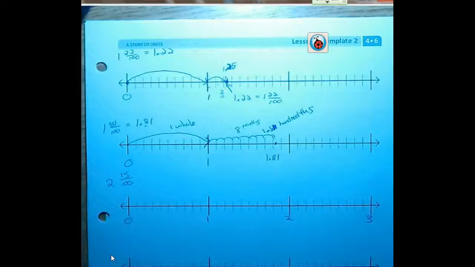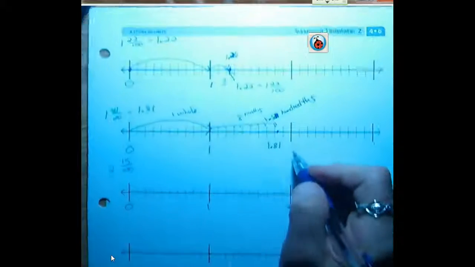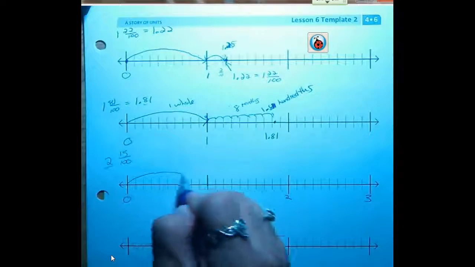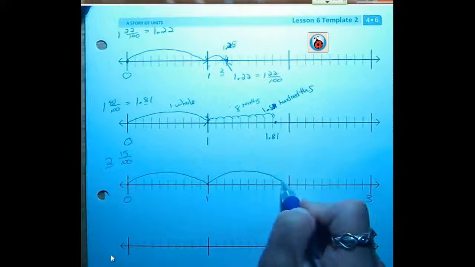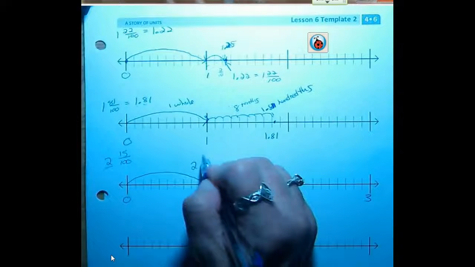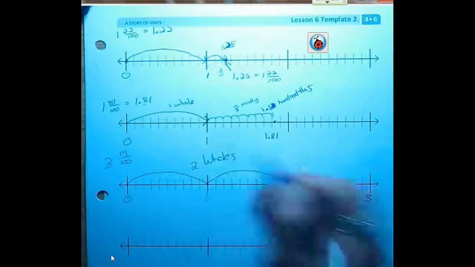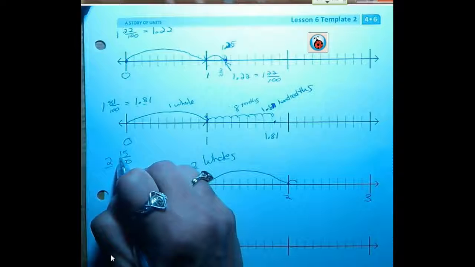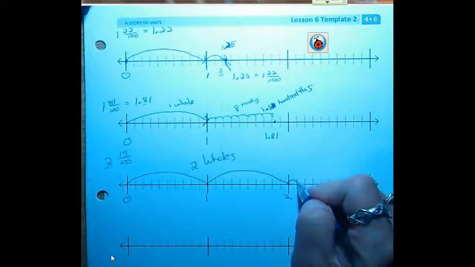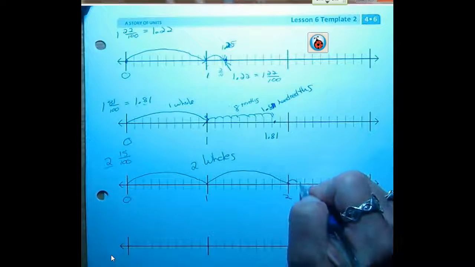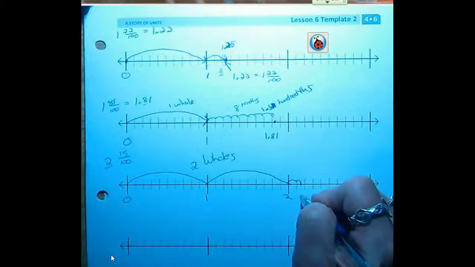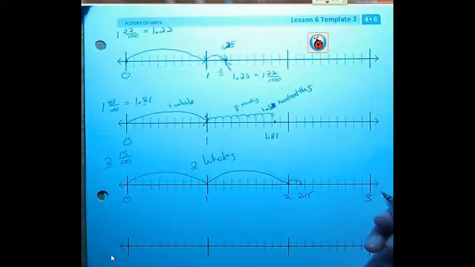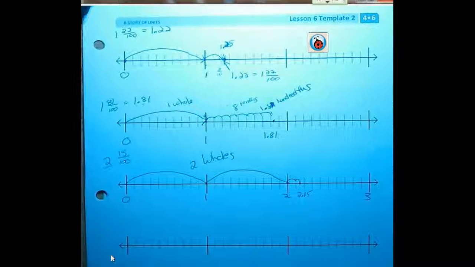Those are our whole numbers, right? So we can jump the two whole numbers. 1, 2. This is 2 wholes. Now we can jump 1/10, which would be the 10 from the 15, and then it's going to be right halfway in between, which would be 2.15. Okay.